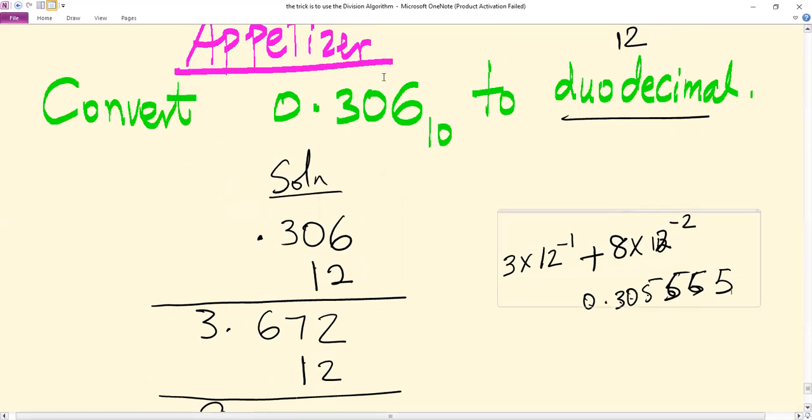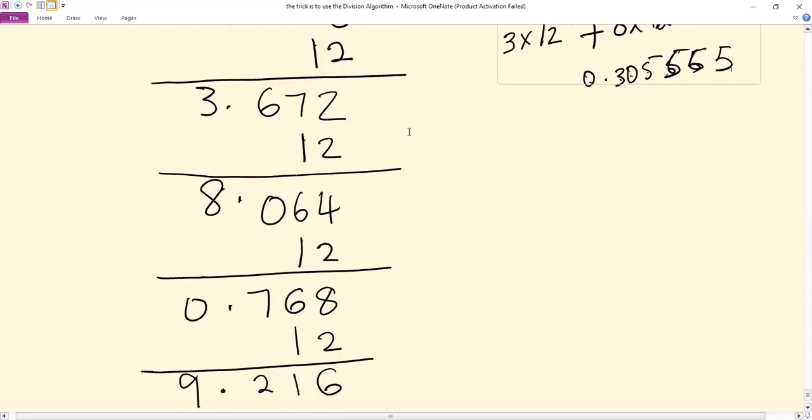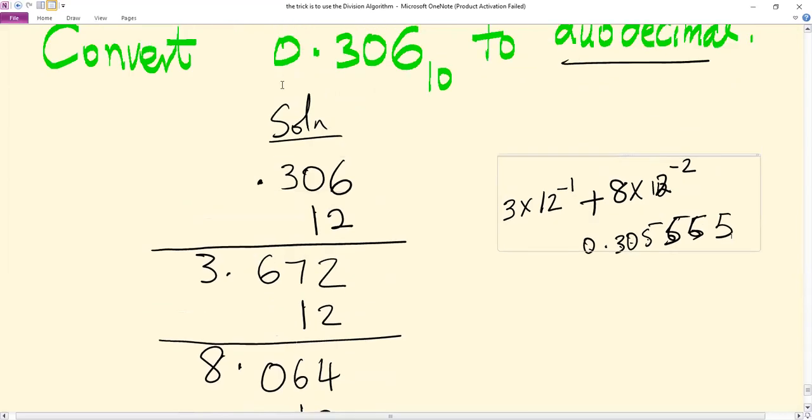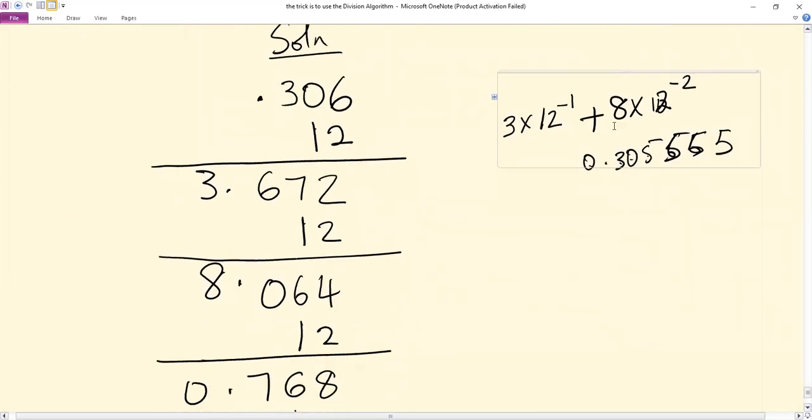But because the original number is to 3 decimal places, we have to go to another step, even if this number rounding off to 2 decimal places gives us the same approximate 0.306. So the next place value will be plus 0 times 12 raised power negative 3, so they will not change the value of that number.